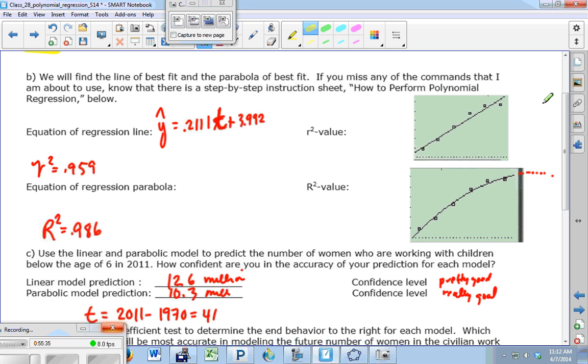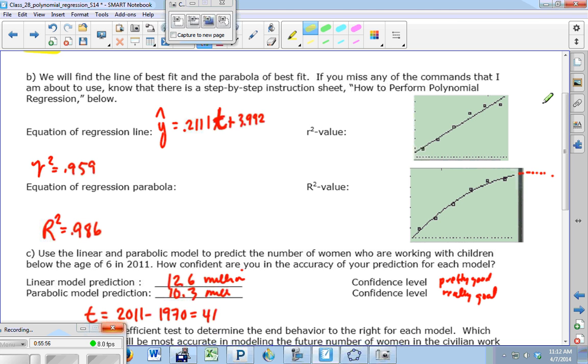Right. So which of these models, if we just think about the end behavior, what's going to happen to the end behavior with this quadratic model? It's going to start going down, and it will start predicting negative number of women, right? So that's not going to be very good if we're just thinking about the end behavior. The linear model is going to continue to grow.